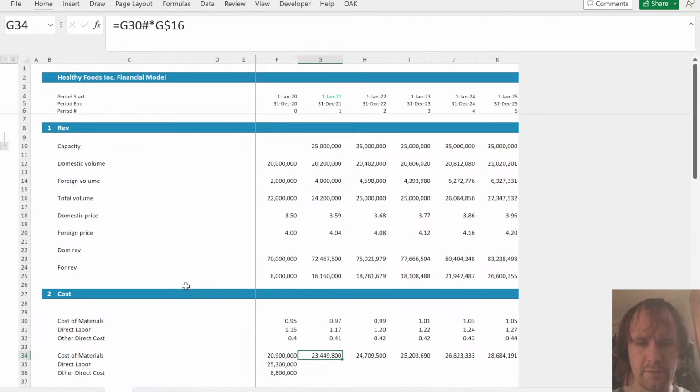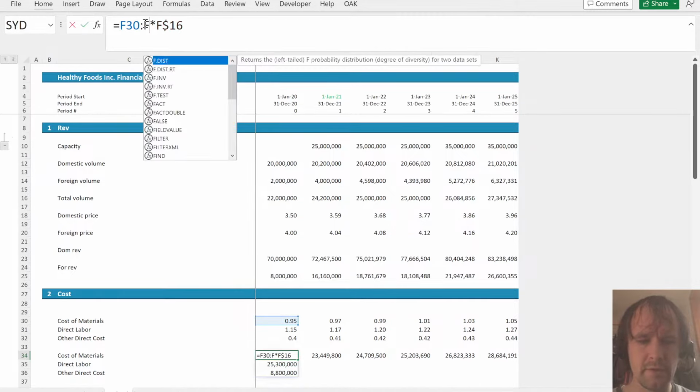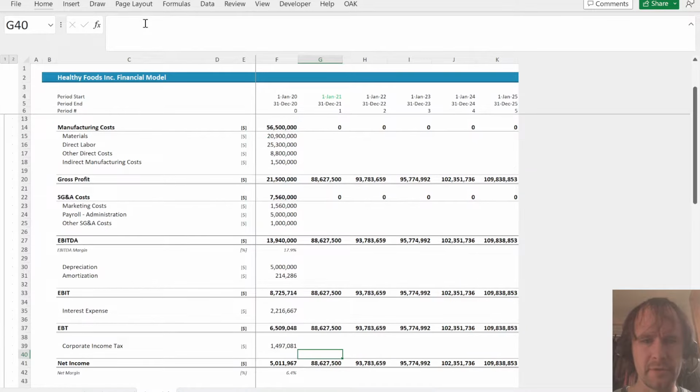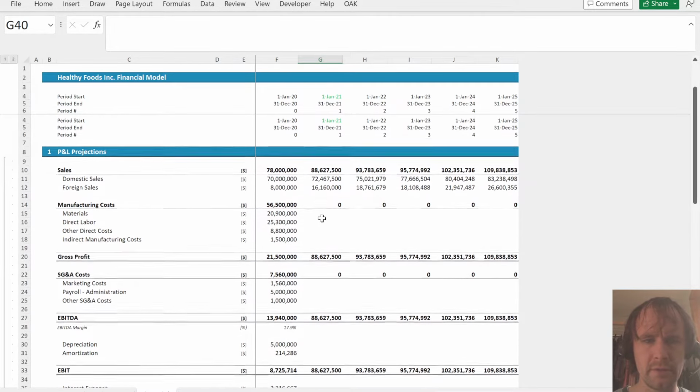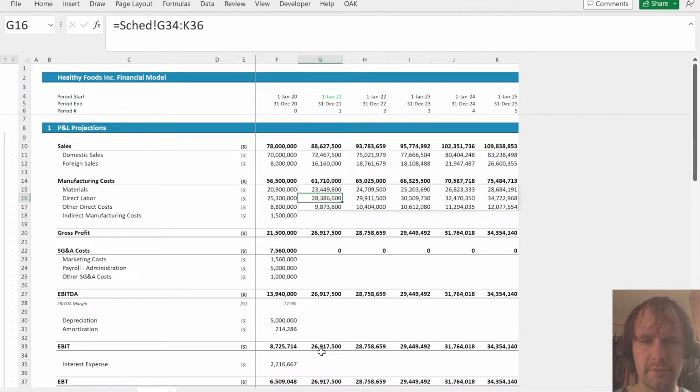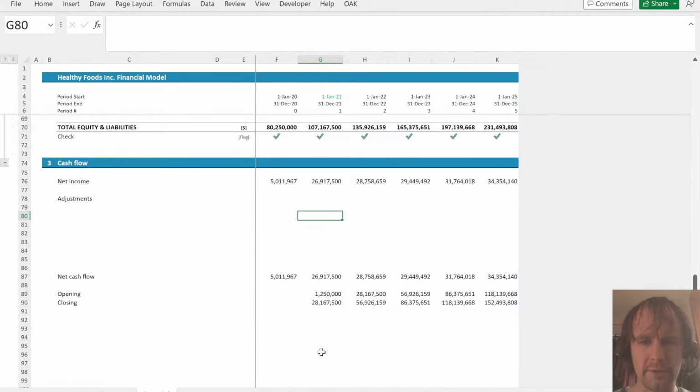Come on, yes. Fine. F32. Okay. So then where's my cost of materials here? 20.9, 25.3, 8.8. Good. Happy days. So just take all of that, drop it in there. Balance sheet should still balance.